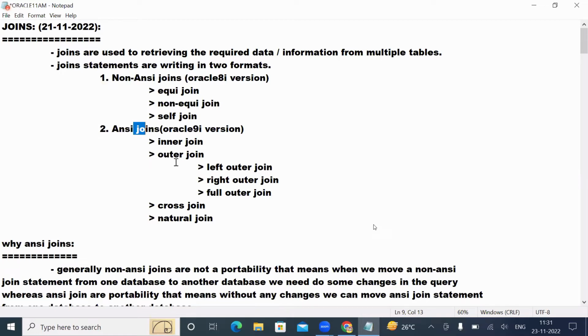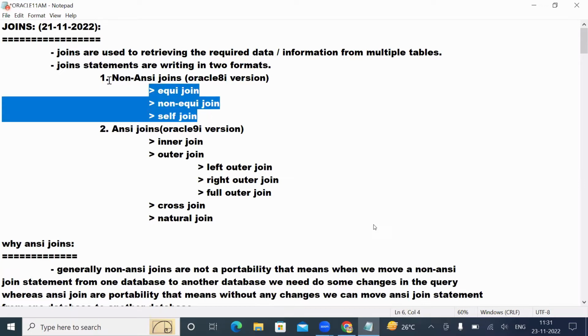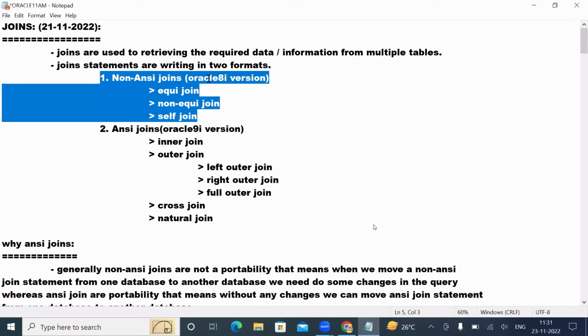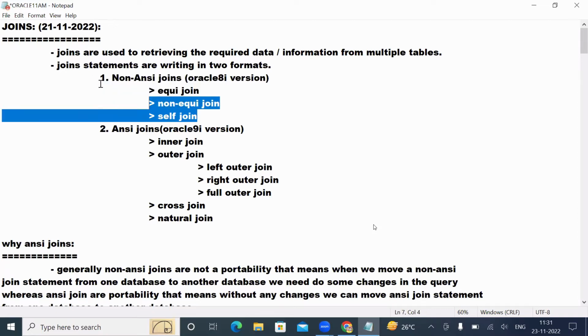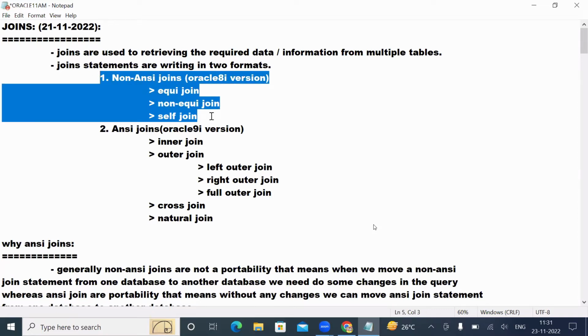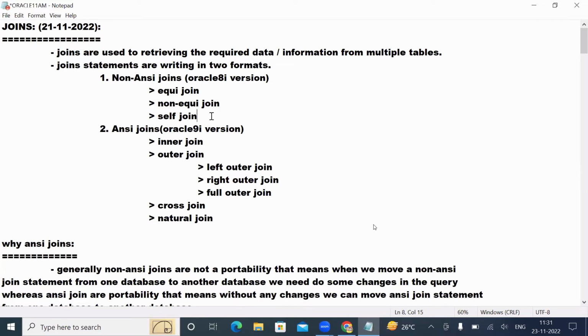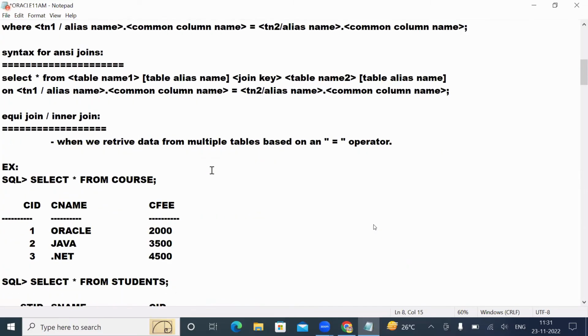Because by bad luck, if your interview panel asks about non-ANSI joins in Oracle 8i, at that time you should be able to give some response. Yes, Bonu, other institutions are teach only ANSI. But here our intention is that you should know everything.